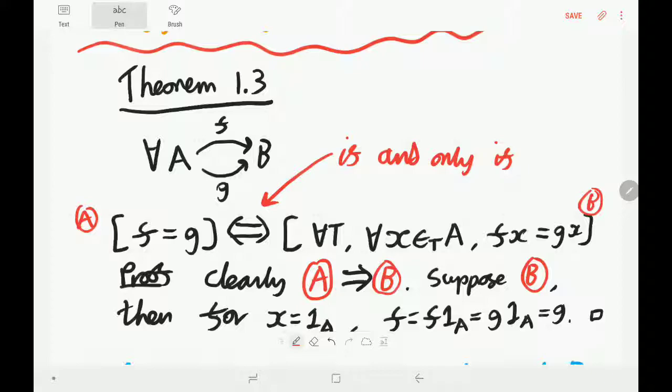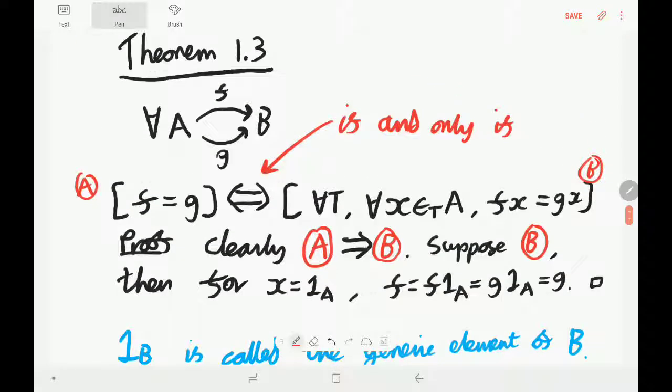So how can we prove this result? Well, it's pretty clear that A implies B, because if F is the same as G, of course it acts the same when you do composition with it. Conversely, how do we see B implies A?